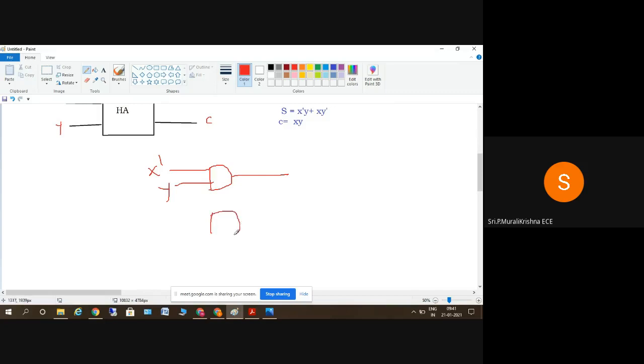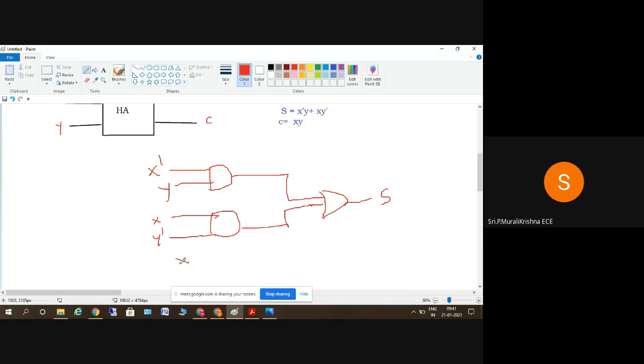Another one, x y bar, is given to another AND gate, and both are given to the addition, which means an OR gate. You know the symbols, right? I can't draw this clearly. So this is S here.